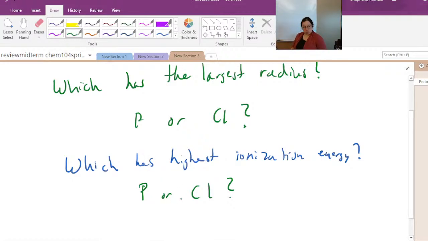So that's phosphorus and chlorine again. So take a few minutes, look at your periodic trends. What do you remember? I would have your periodic table probably annotated with the trends in a way that makes sense to you.